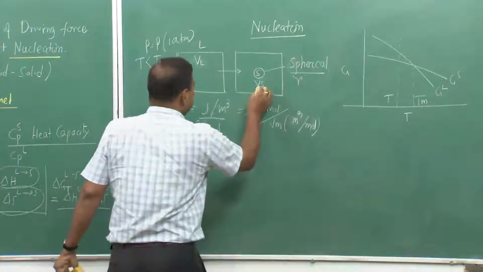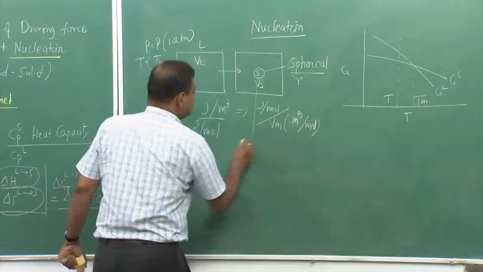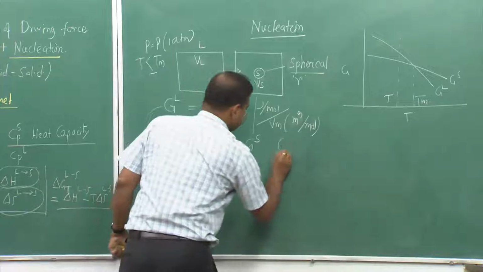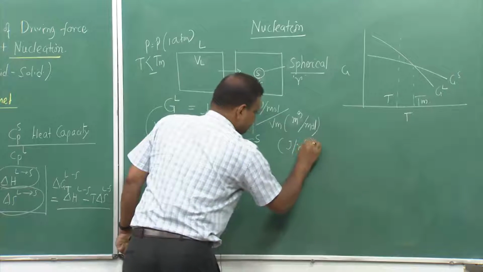So, that means it is considering the energy that is available from a particular volume of material. Now, similarly, if I have solid, I can consider that as Gs. The unit is also joule per meter cube.